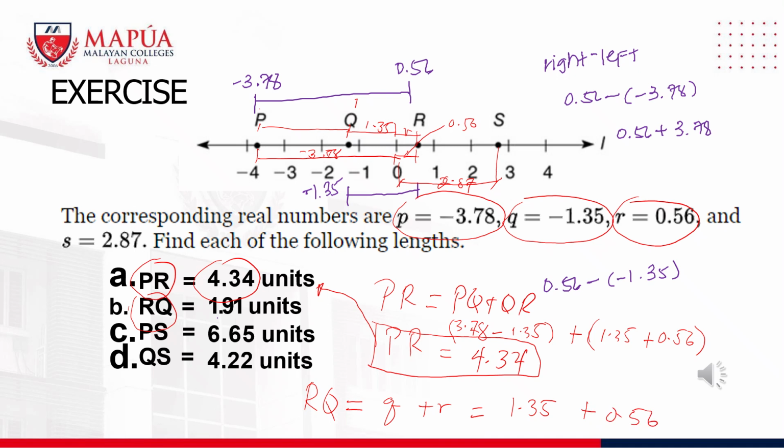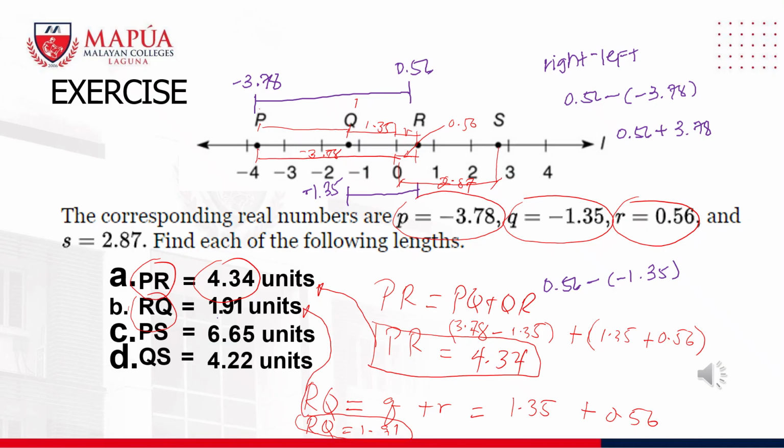So 1.35 plus 0.56, we got 1.91. So RQ is equal to 1.91 units. So this is this one.